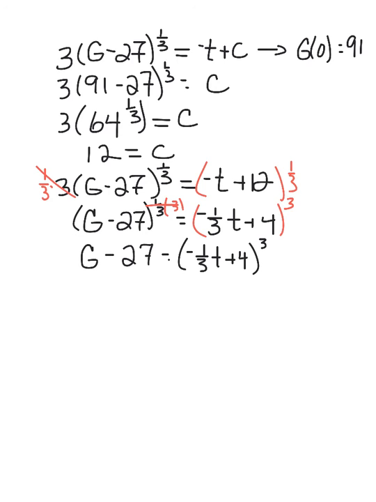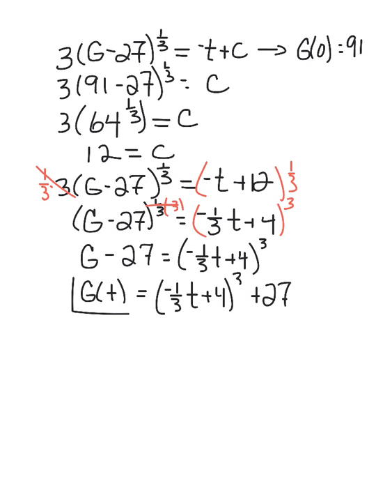Okay, and lastly, we want my g of t. So g of t is equal to negative 1/3 t plus 4, that quantity to the 3rd power, plus 27. All right, so it says to find an expression for g of t.